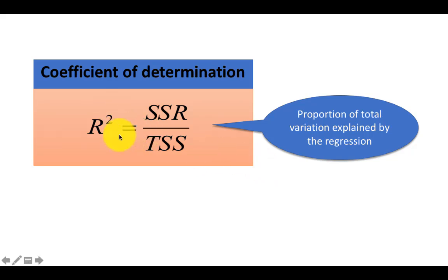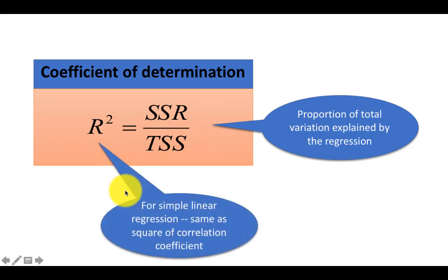In the case of simple linear regression, R square is really the same thing as the square of the correlation coefficient. That just happens to be the case. Of course, that doesn't hold for multiple linear regression, because when you have many predictor attributes, you can't talk about a correlation coefficient, right? Because after all, a correlation coefficient only links two variables at a time.